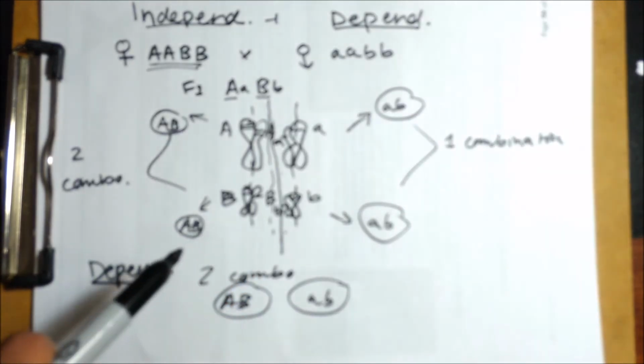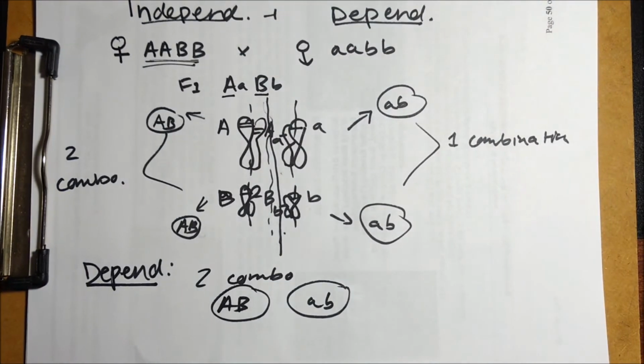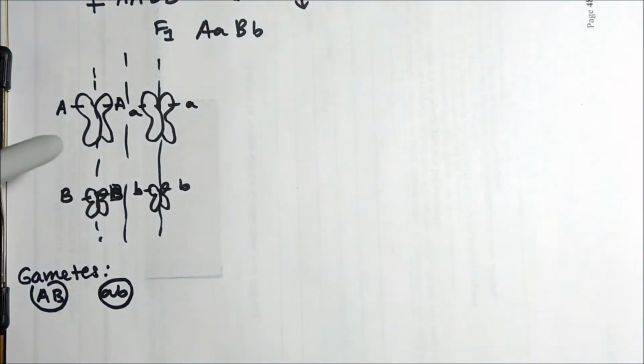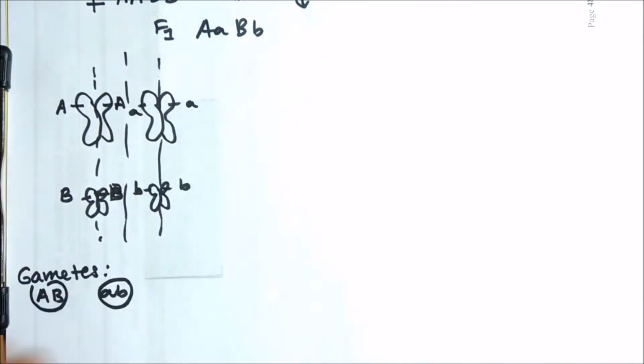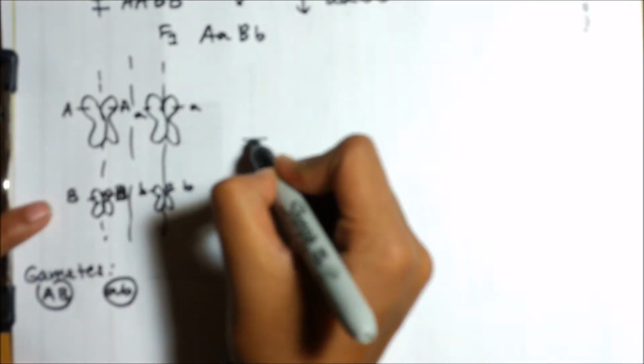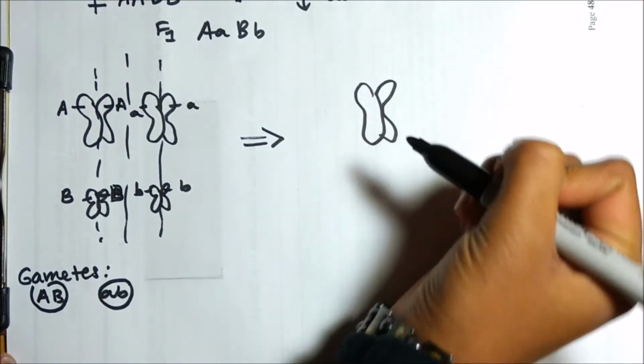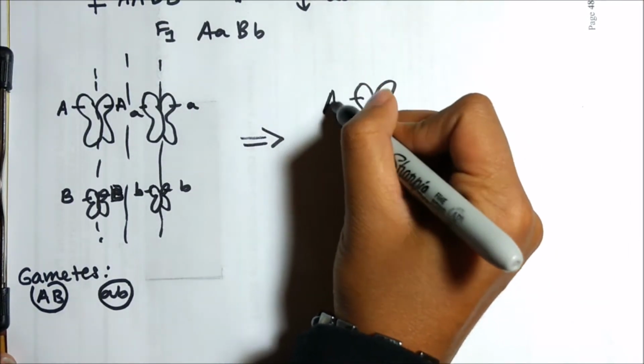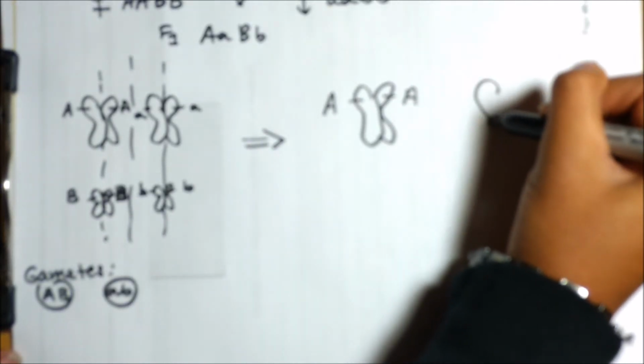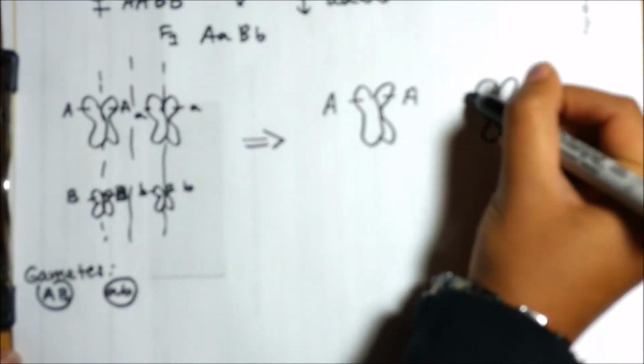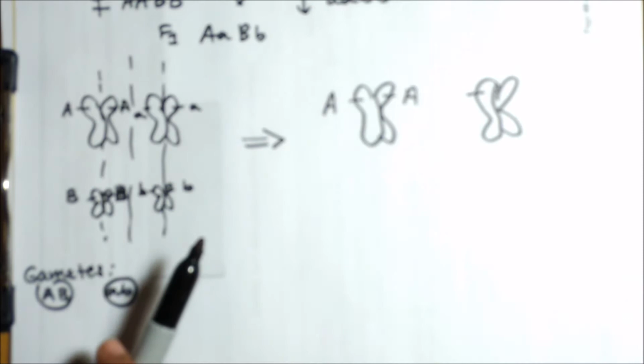Now, let's look at how this is different from independent assortment. So going back, dependent assortment would produce only these two gametes. Now, although this is a very likely possibility, you can also have another equally possible formation or assortment, and that would include the capital A, imagine the two B's switch.